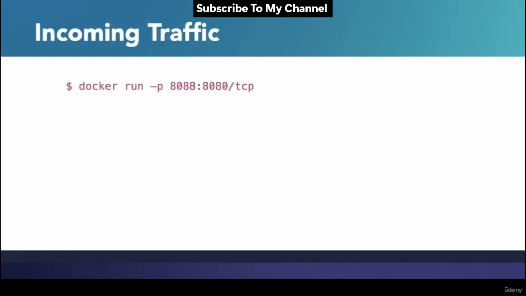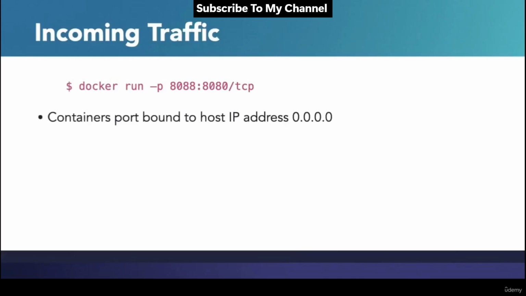The port mapping command that you just saw has a security issue. With this command, the container ports are exposed to any IP address, which is represented by the wildcard IP address 0.0.0.0 on the host. This is not secure. You should accept connections only on a specific interface.